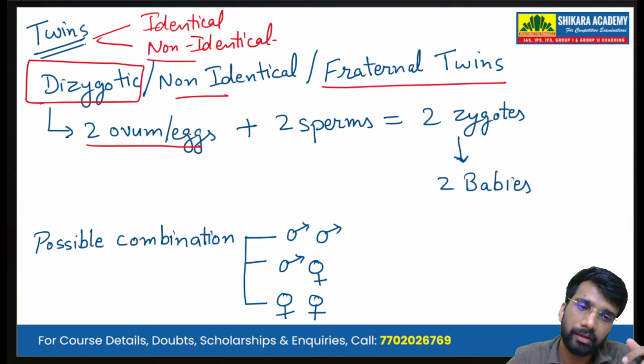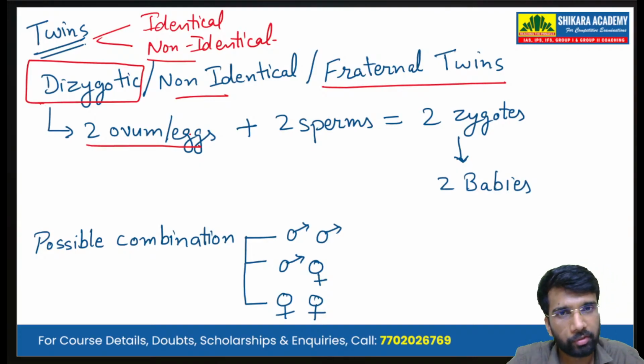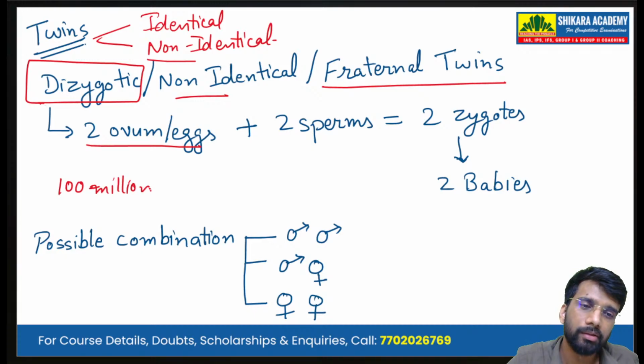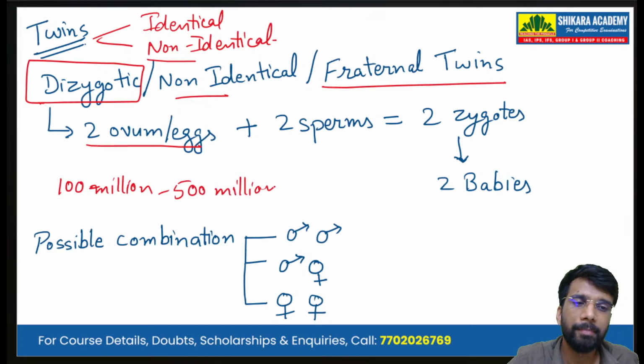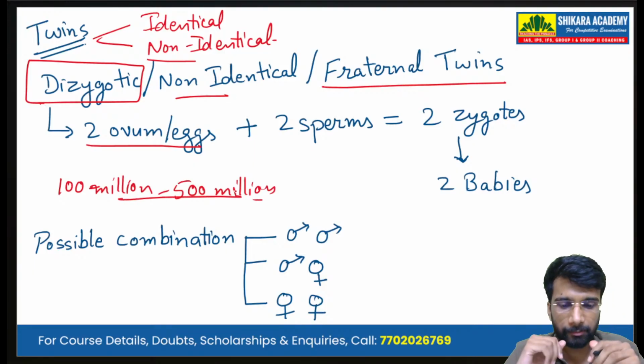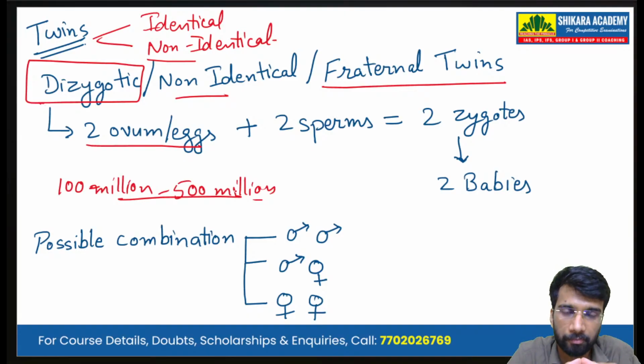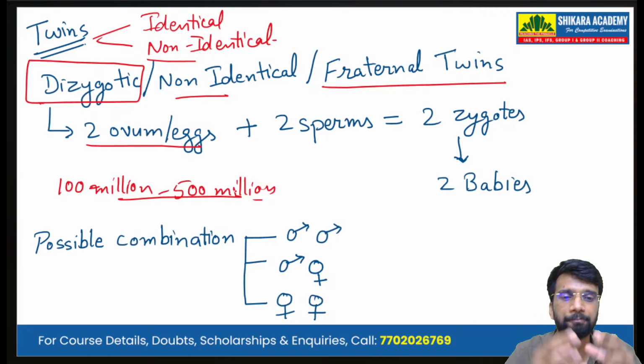But sometimes multiple ova can be developed, and a male can produce 100 million to 500 million sperms at a point. So if two eggs are there, it is very much possible that the sperms will fertilize them.